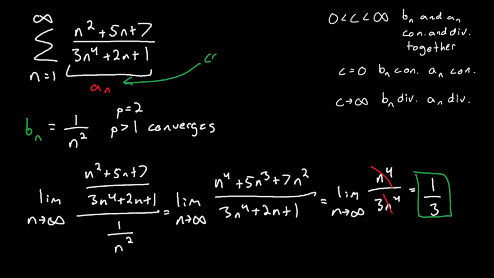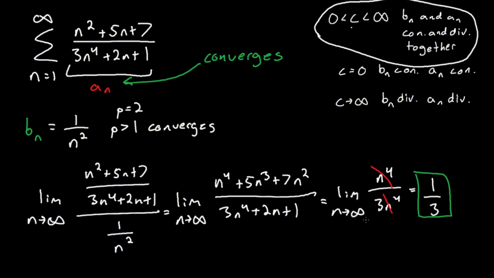So you might be wondering, what in the world is the point of doing all this when we can just determine whether or not b of n converges, just like the direct comparison test does, if you have learned that, of course. Well, you need to prove that you can apply this condition first. You need to show that your answer for the limit of a of n over b of n as n approaches infinity gives you some number between 0 and infinity before you determine this.